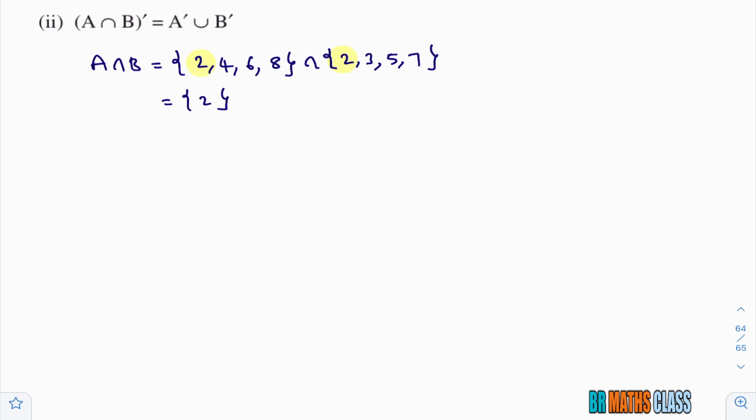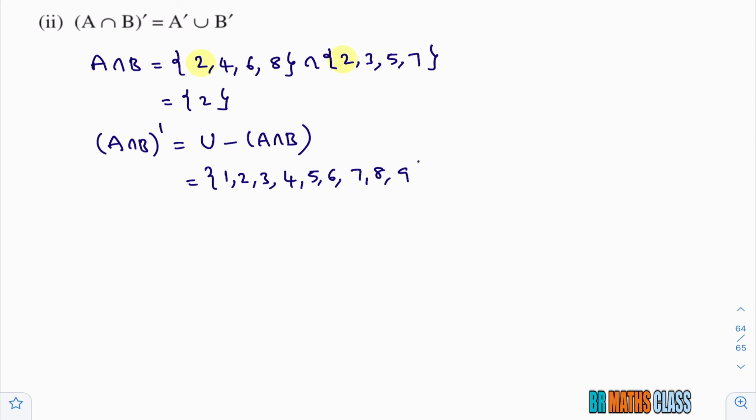Now I need to calculate A intersection B whole dash. What is the formula? Universal set minus A intersection B. In the question, they gave the universal set as 1, 2, 3, 4, 5, 6, 7, 8, 9 minus A intersection B, which we got as 2.